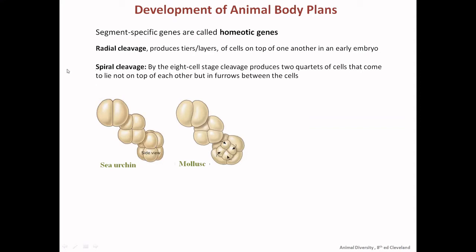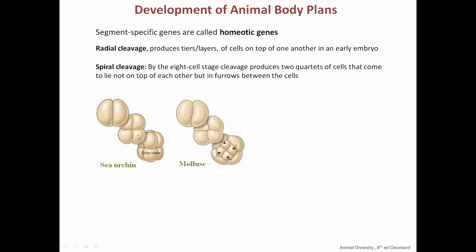And the spiral cleavage also divides like this. The difference is that the cells do not sit on top of each other, but on the furrows. From 1 to 2 and 2 to 4 you cannot differentiate so much, but from 4 to 8, unlike radial, the cells sit on the furrows, not on top of each other.